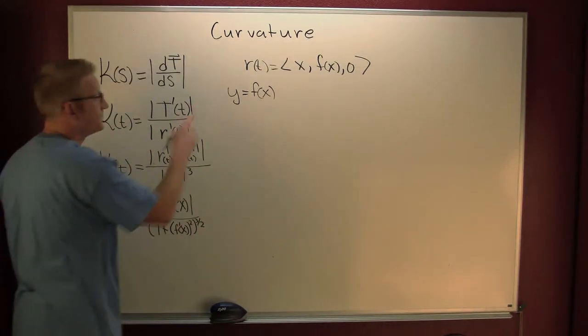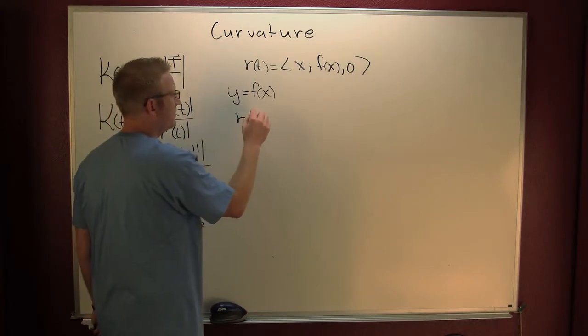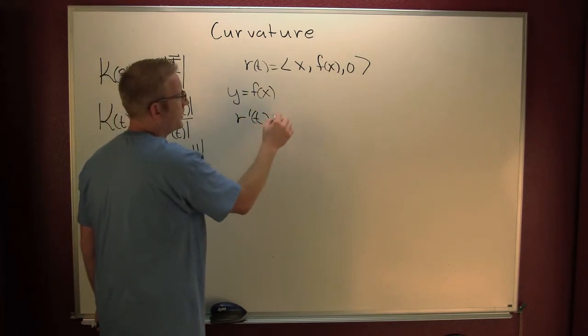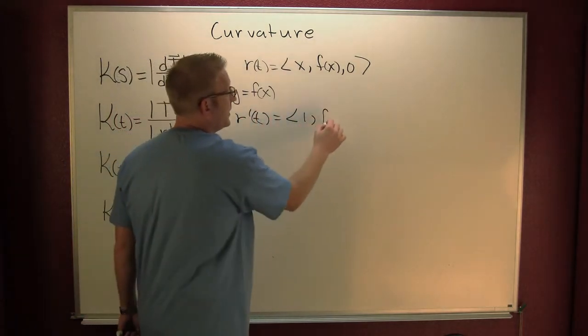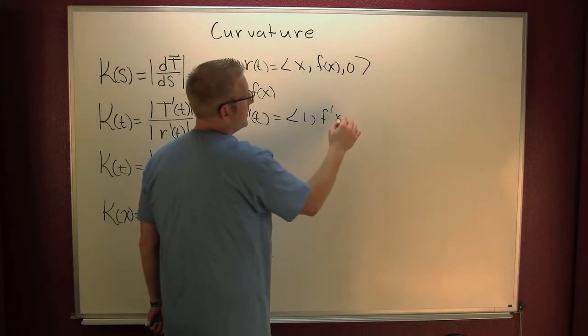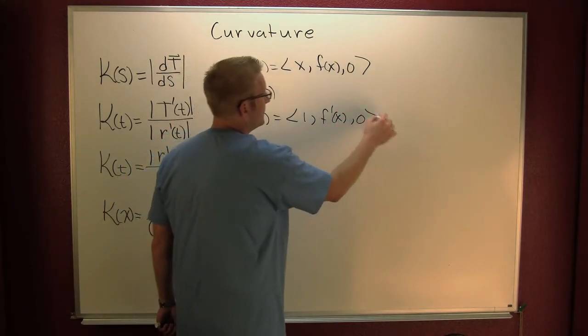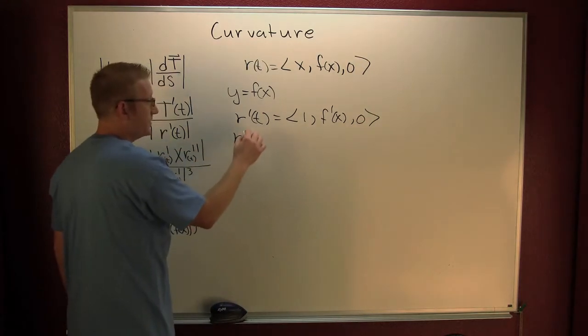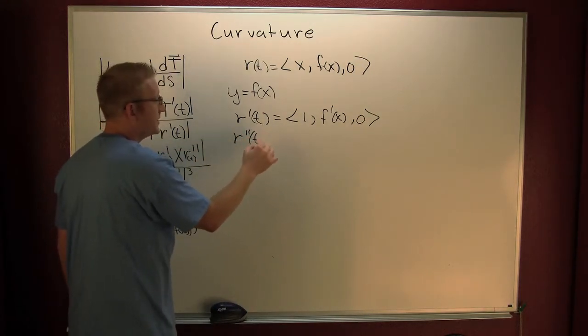Let's use this guy. So I'm going to need the first derivative, r prime of t. That's 1, f prime of x, and 0. I'm going to need the second derivative, r prime prime of t.